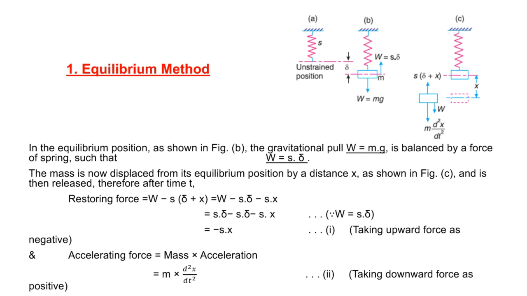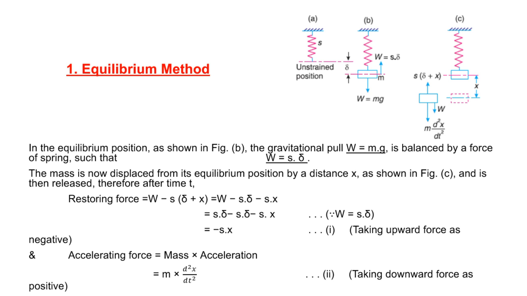Now, while calculating that restoring force, apart from the accelerating force, I will consider all the forces acting on the mass. Now, how many forces? Three forces are acting on that mass. First is the upward spring force. What is the spring force? Previously in the B diagram we calculated that W is equal to S into delta.